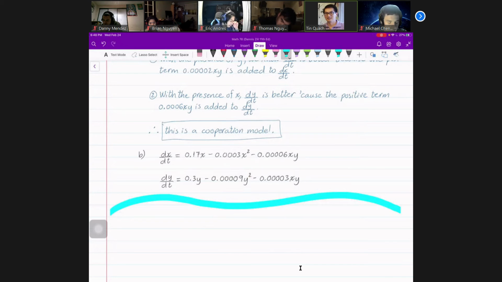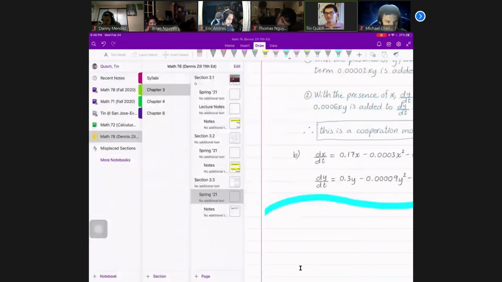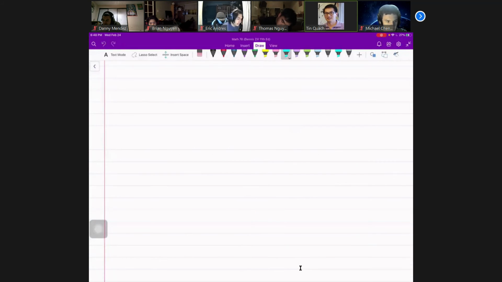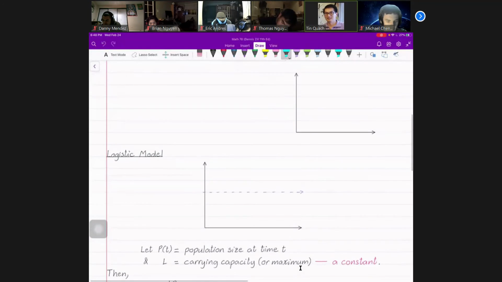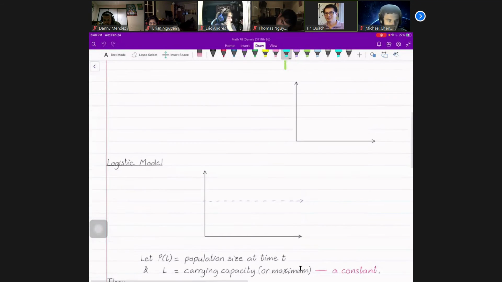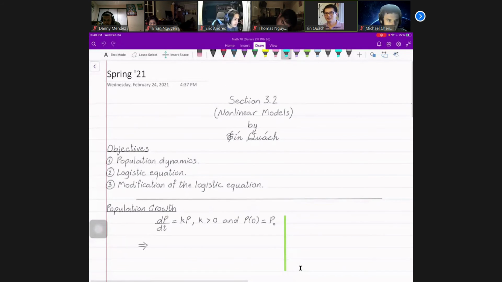Now let's go to 3.2. It's kind of weird. I don't like to use the apps because I cannot adjust the time with the OneNote app.